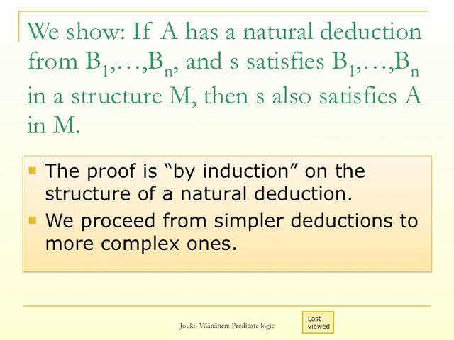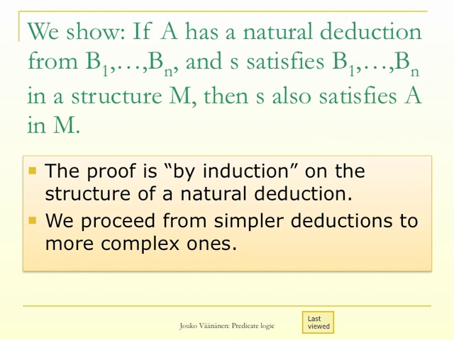The shortest possible deduction has some formulas B1 down to Bn as assumptions, and one of them, say Bi, as the conclusion. The claim that any assignment S that satisfies B1 down to Bn also satisfies Bi is automatically true. We consider now a deduction with the assumptions B1 down to Bn and make the induction hypothesis.